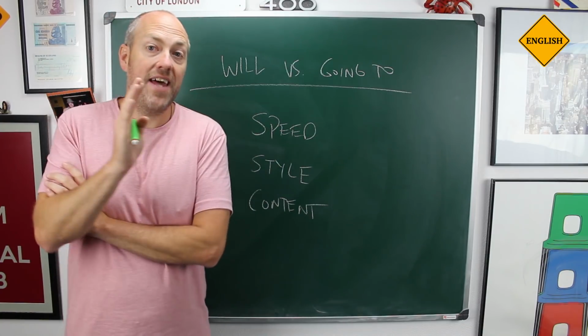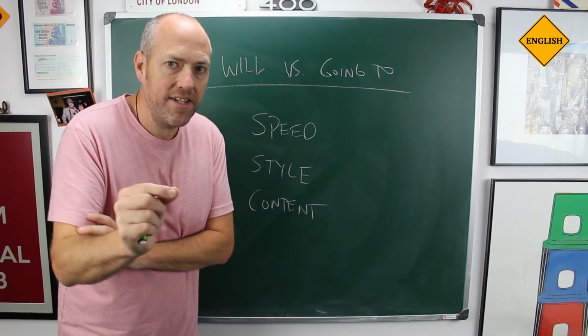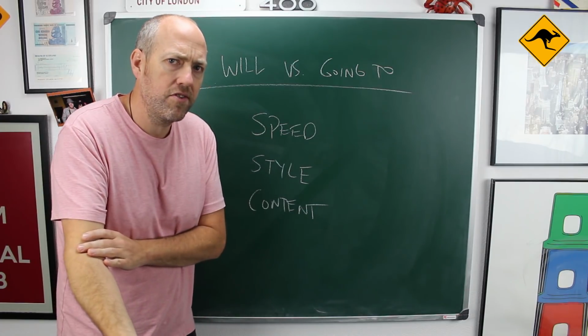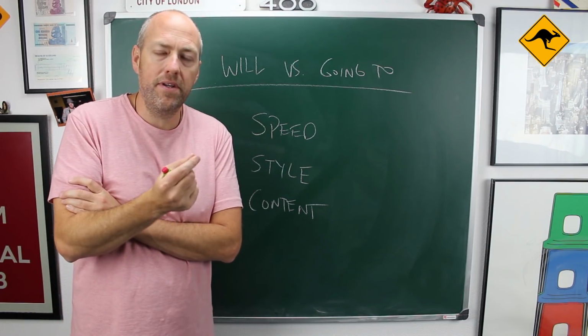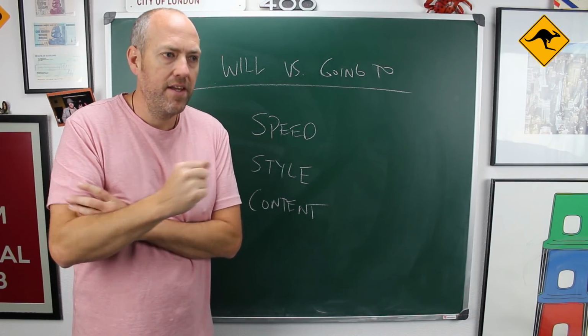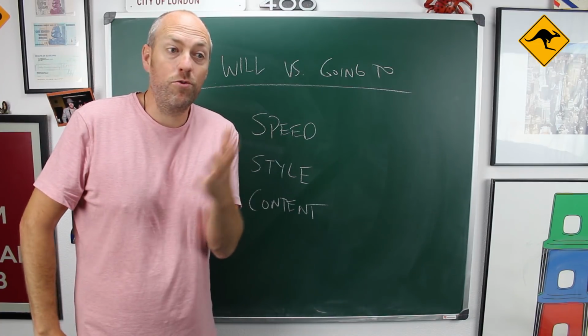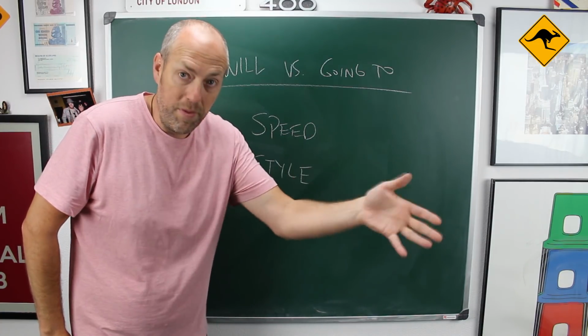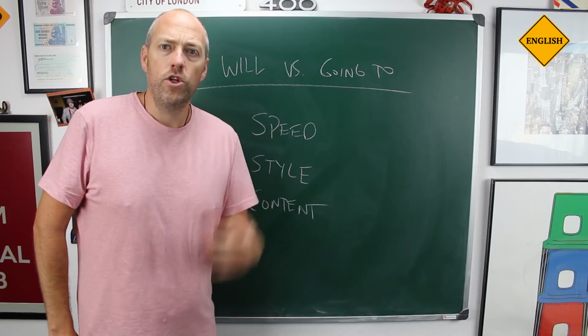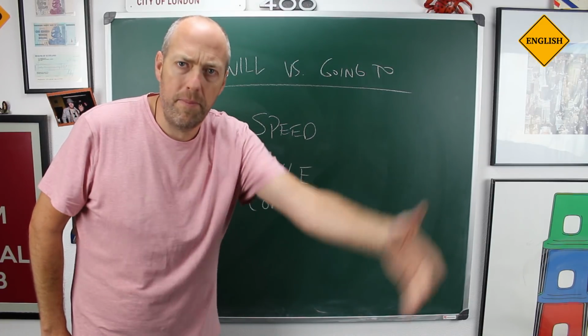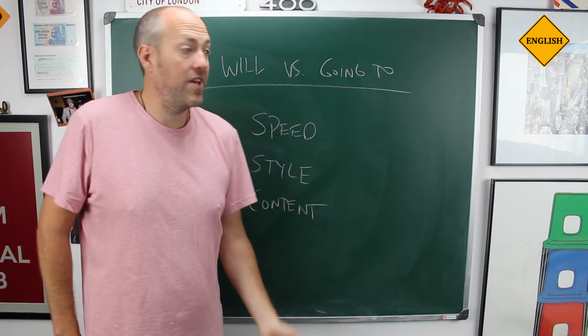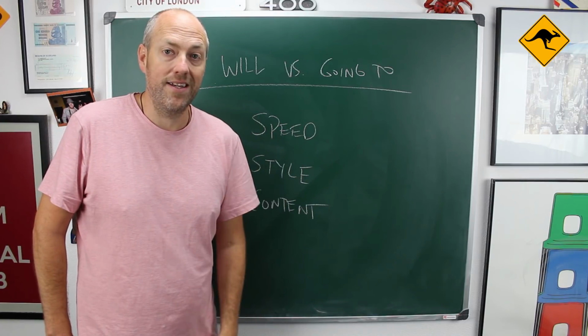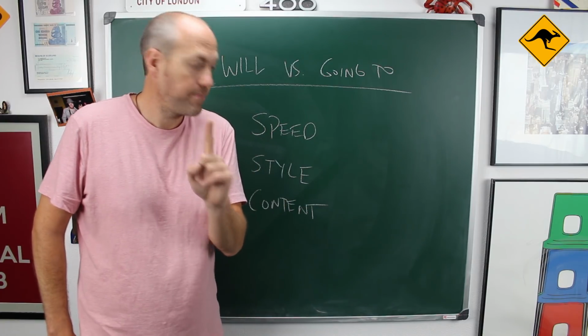So you will find that, especially in negatives and questions, will is more common because it's faster. Imagine if I want to use the negative of to be going to. So, you are not going to go to the party? Or I could say, you won't go to the party, which is only one syllable.